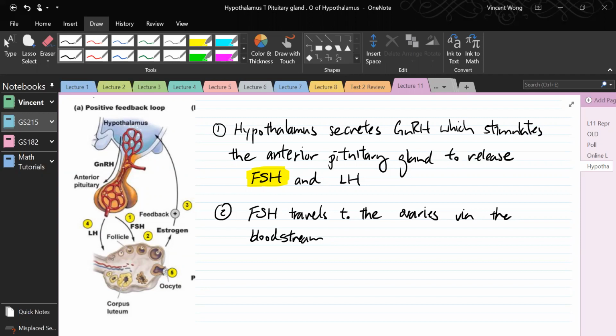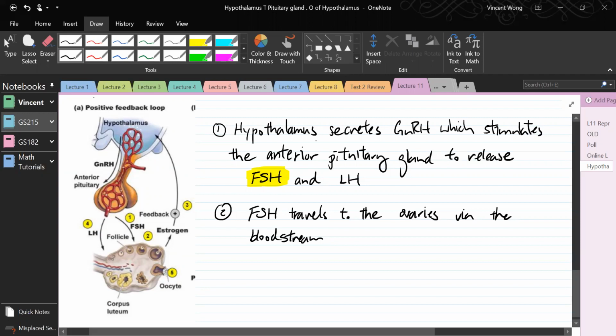There's some crosstalk between the two ovaries. We're not going to worry about that. But the FSH will travel to the ovaries via the bloodstream and stimulate a follicle to develop.